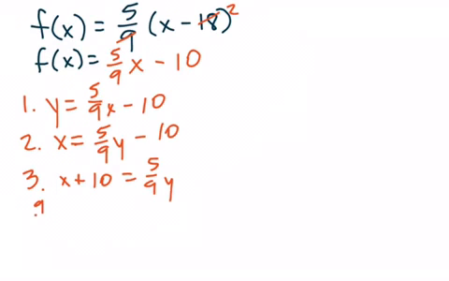So we go 9 fifths times x plus 10 is equal to y. And when we distribute, that gives us 9 fifths x. Of course, we can cross cancel here. That gives us 2, and multiply, and that gives us 18.